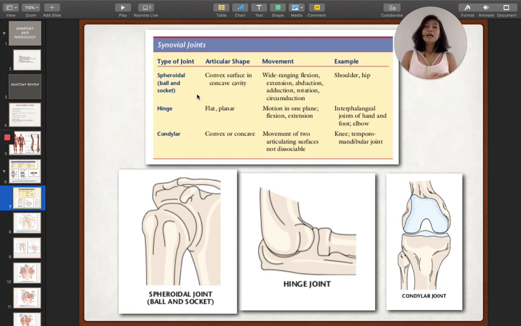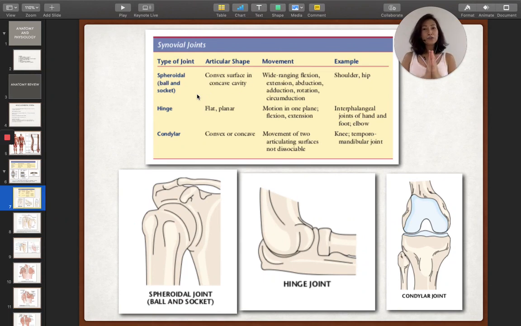Right. Now, the opposite one is the hinge joint. Why I said it's the opposite one is because it only moves in one plane or in very simple directions, which is flexion and extension. So this kind of joint is kind of flat, and it looks like the hinge of your door.